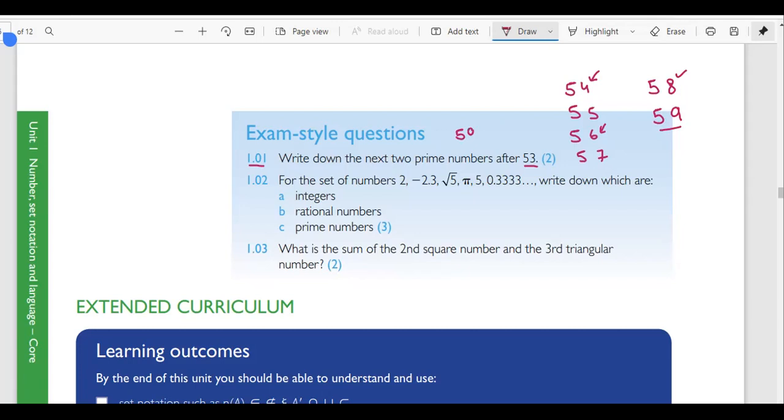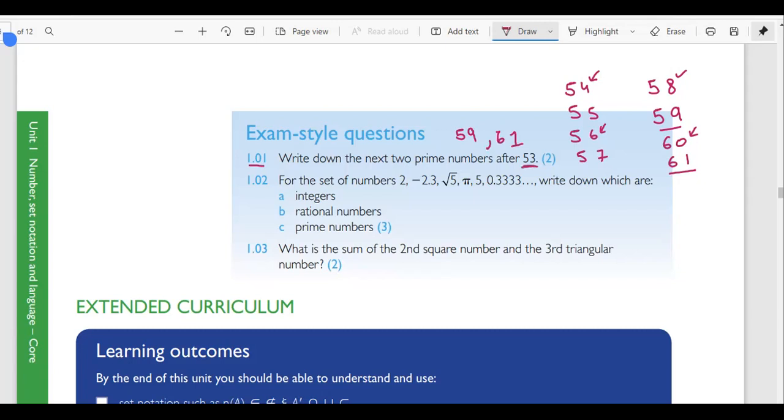Then we have 60. Again, we have 0, which would be divisible by 2. So we have 61. 61 is not divisible by 2. 6 plus 1 is 7, so it is not divisible by 3. It is not divisible by 4. So it is not divisible by any number other than 61 and 1. So 59 and 61 are the next two prime numbers after 53.